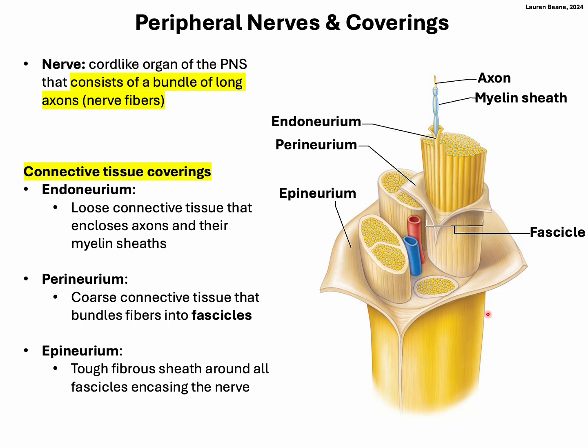Covering the entire nerve is an epineurium. This is a tough fibrous sheath encasing, protecting the nerve. Within, there are fascicles or bundles of many, many axons. Each fascicle is wrapped in a perineurium. And then each axon itself is wrapped in an endoneurium, a looser connective tissue which encloses the axon and its myelin sheath. So there's many connective tissue coverings here.